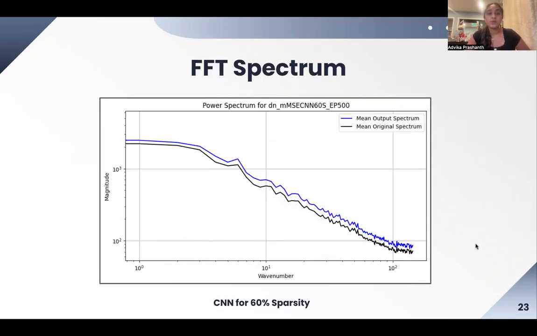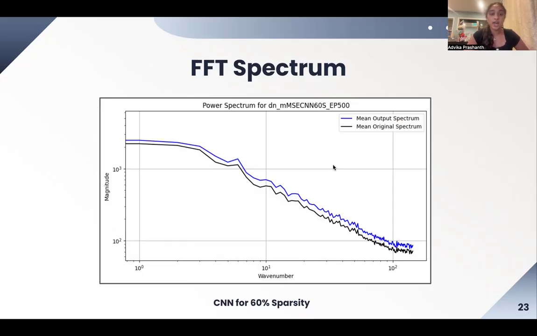So the second metric that we used was the FFT spectrum, and here's our example for the CNN model used for 60% sparsity. As you can see, both the lines for the original and the predicted spectrum are very similar in shape.